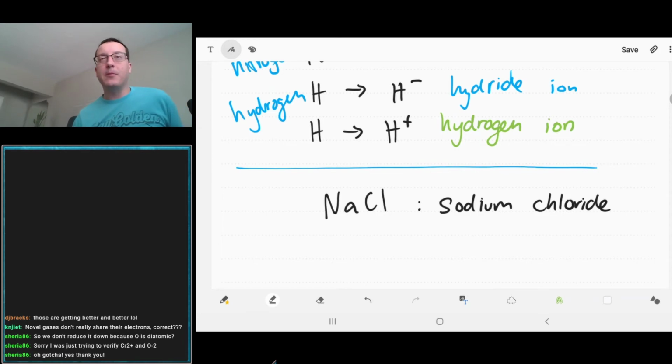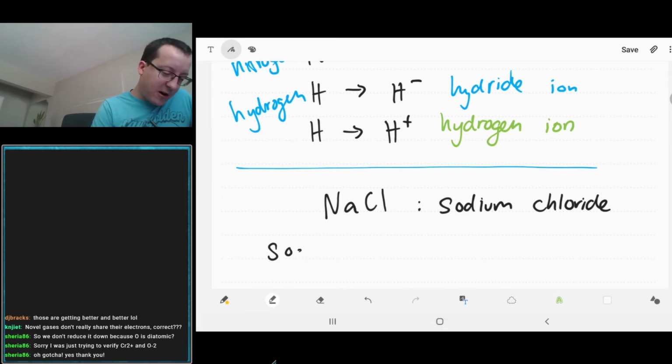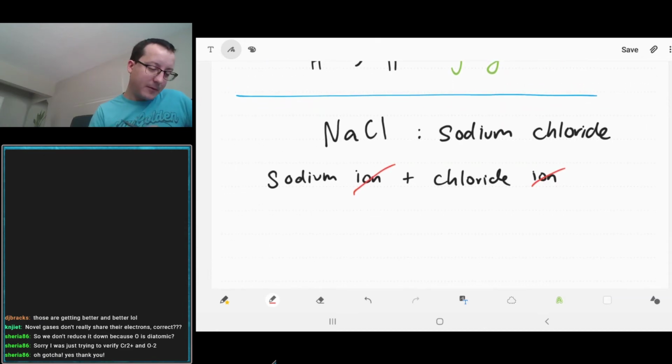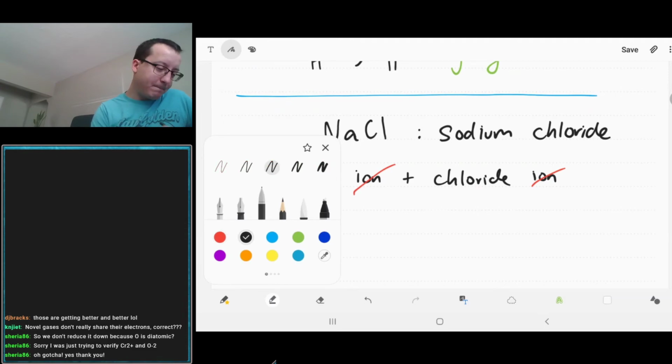This came from sodium ion plus chloride ion. We are just going to remove the word ion, because this is going to be an ionic compound. And so we just call this sodium chloride. Boom, easy.